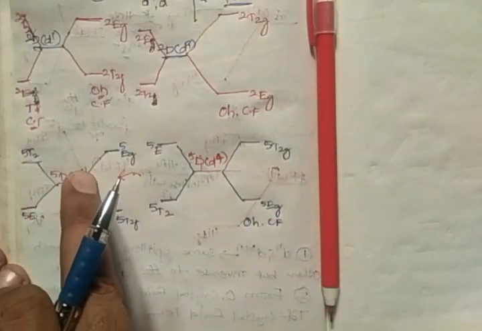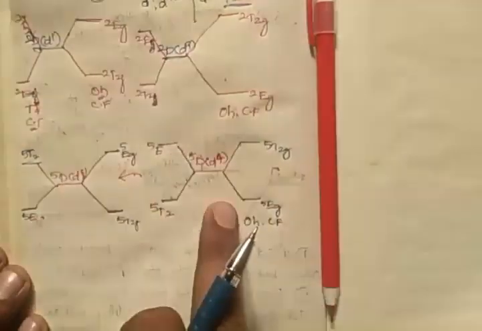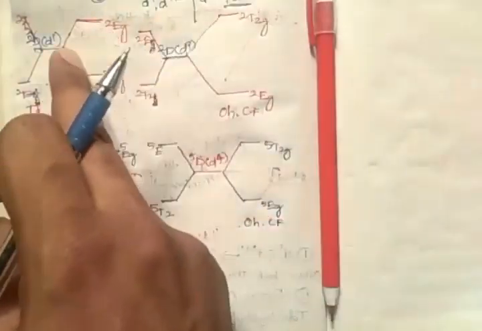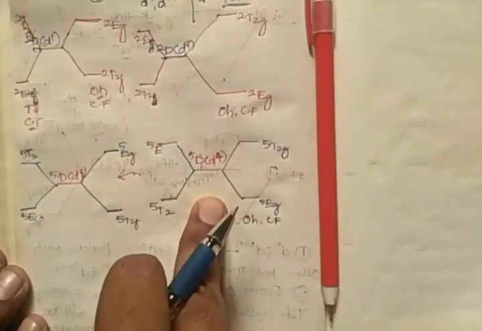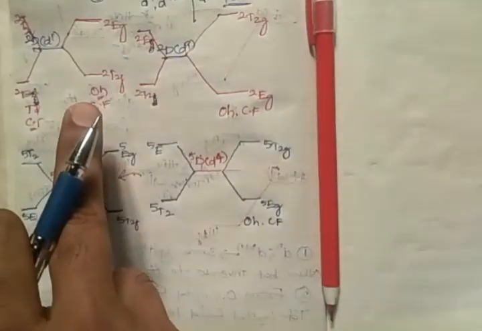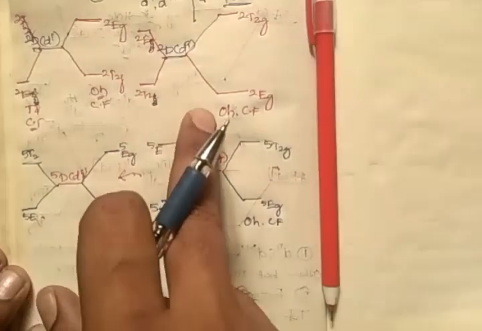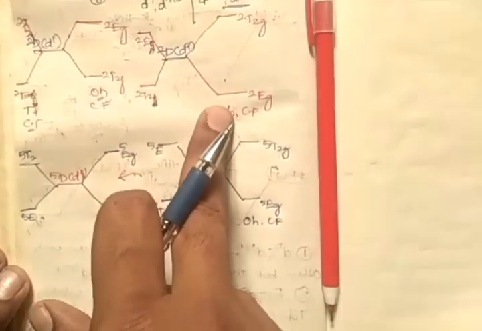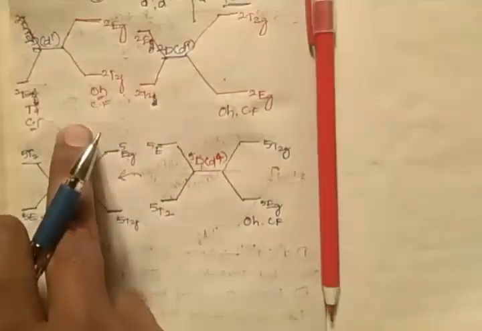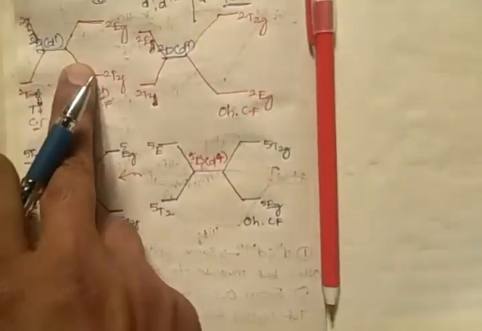Thus there are 8 diagrams, 1, 2, 3, 4, 5, 6, 7, 8. These 8 diagrams show the D term splitting affected by the crystal field. This is how the crystal field affects the splitting of the D term.